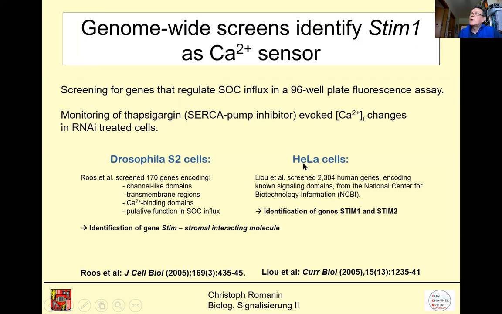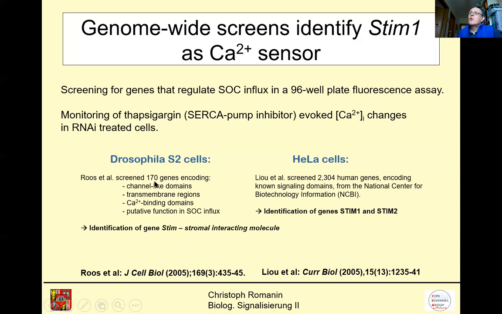I only know the forename, that is Helen, and the surname is La-something. But these two cells have endogenous CRAC currents. So they have the machinery, in terms of store depletion leads to activation of calcium influx. So how was the search going on in these cells to identify components behind these CRAC channels?